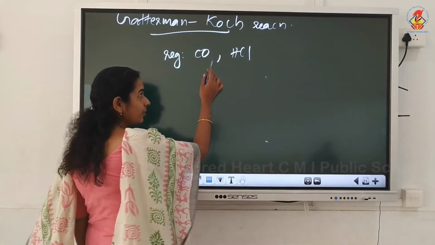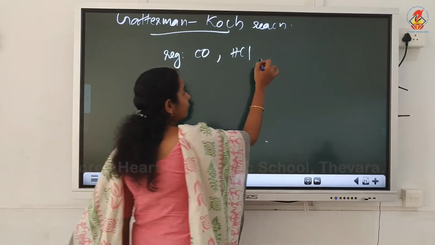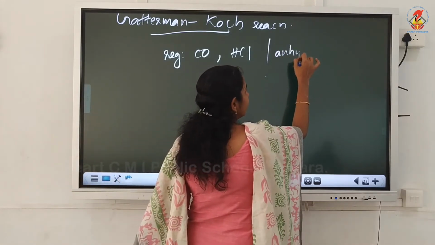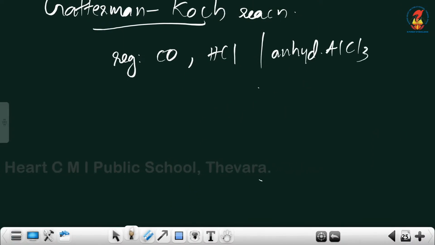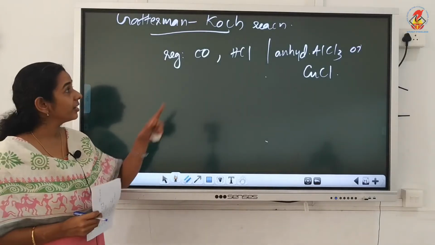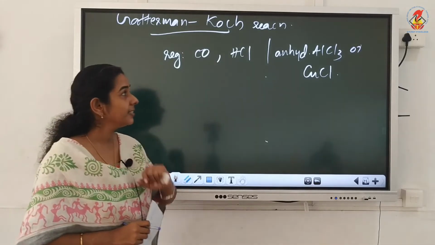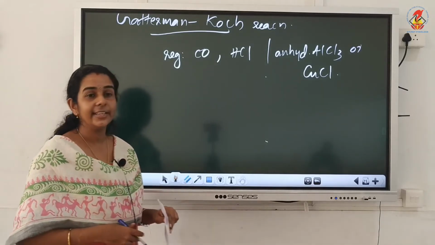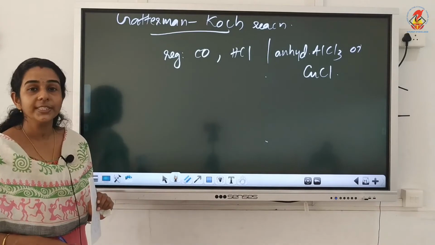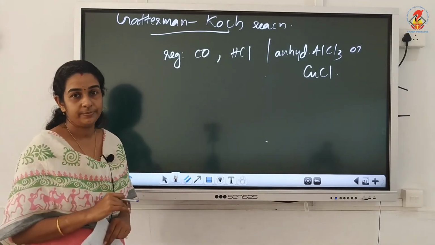So carbon monoxide and hydrogen chloride in presence of anhydrous AlCl3 or cuprous chloride. Once again, what is the reagent for the Gattermann-Koch reaction? Carbon monoxide and hydrogen chloride in presence of anhydrous AlCl3 or cuprous chloride, and here there is no conversion.